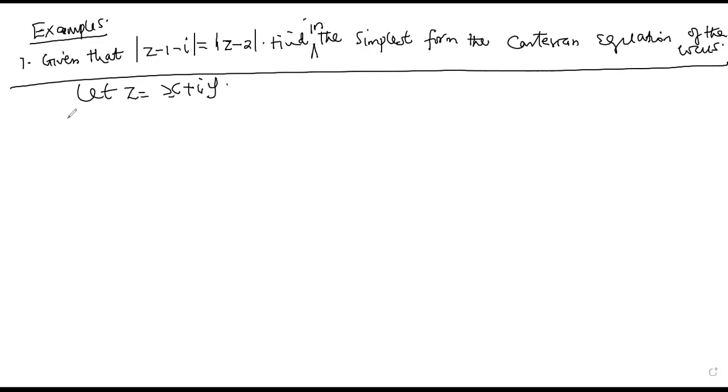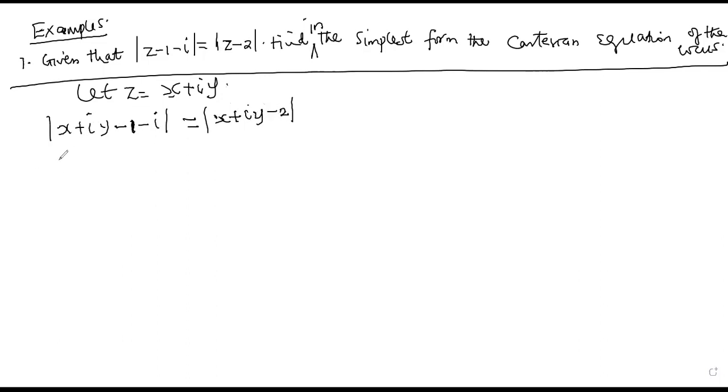It means that if z is x plus iy, then we shall have x plus iy minus 1 minus i, magnitude, is equal to the magnitude of z, which is x plus iy, minus 2.